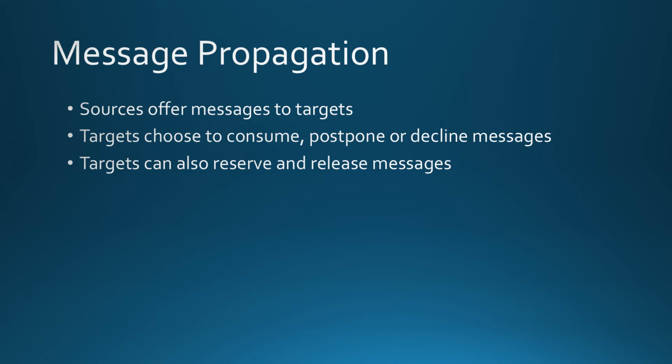However, it does not take ownership of it. It still remains inside the source. And if the source is tied to multiple targets, it will then offer that message to the additional targets after that first target. The third option that the target can choose to do is decline the message. And when it does that, it says, I don't want this message, and it will never be offered that message again.